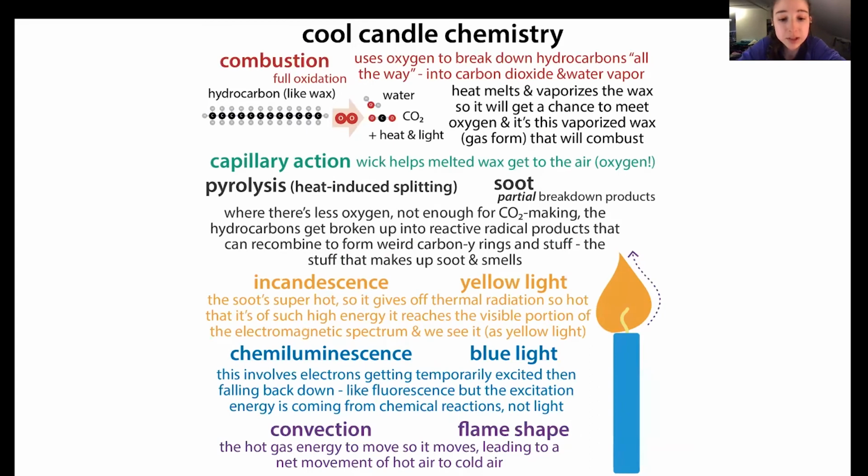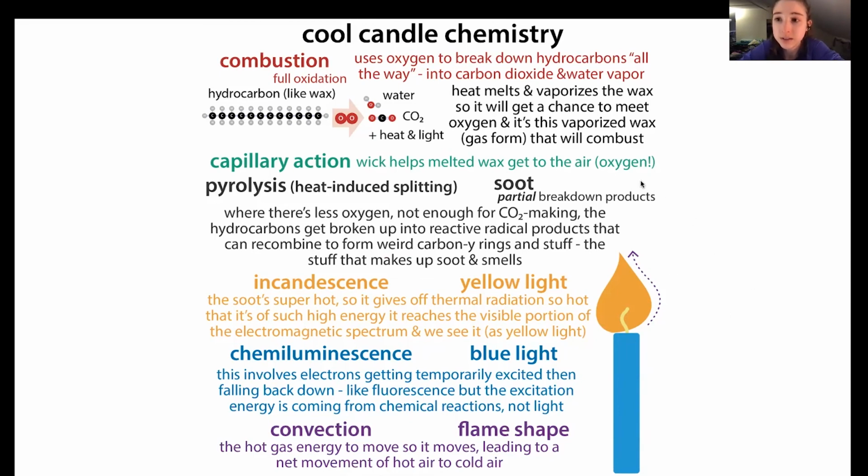In order to keep this reaction going, we need to have a constant source of fuel. And we need to get the stuff that's been made out of the way. Thankfully, physics is on our side here. So the convection, the flame shape: what's actually happening is that the hot gas has energy to move, so it moves.